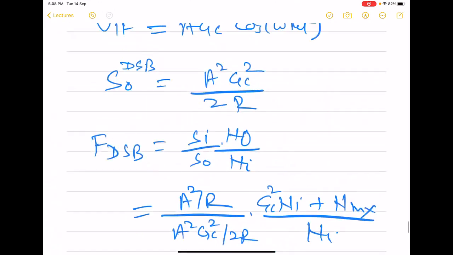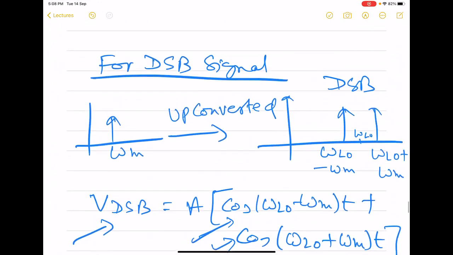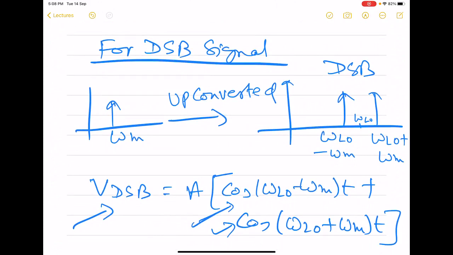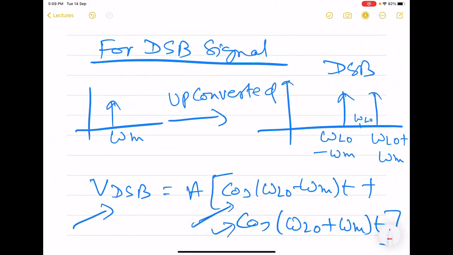And this happens, you can see graphically also, because here we have a scenario for the DSB signal. In this case, there will be a noise floor.